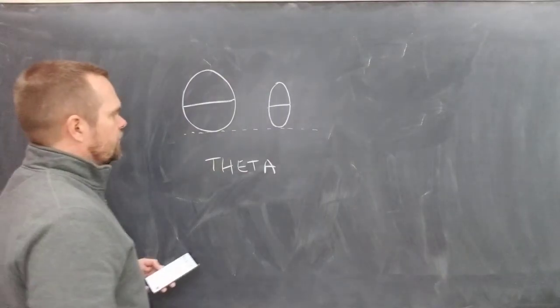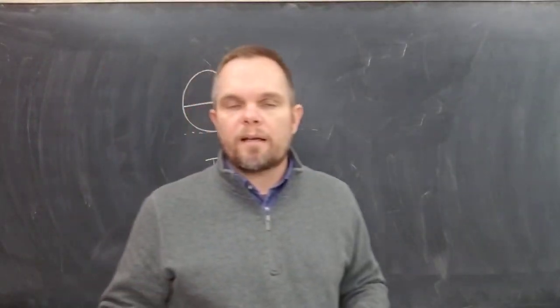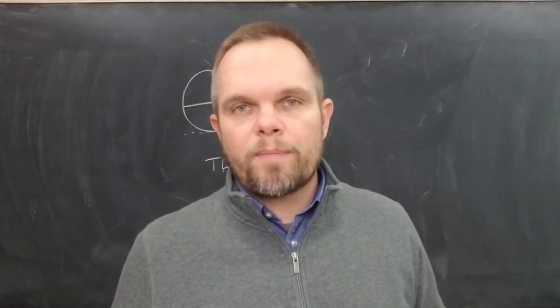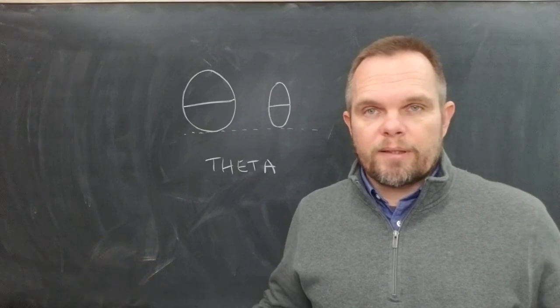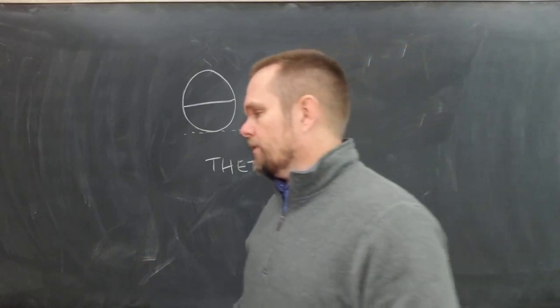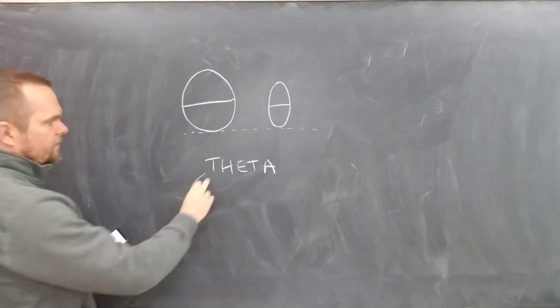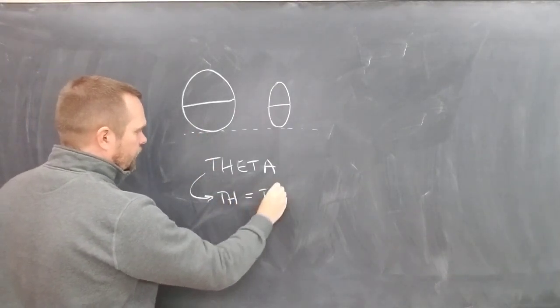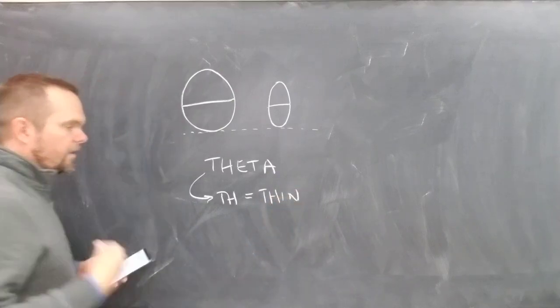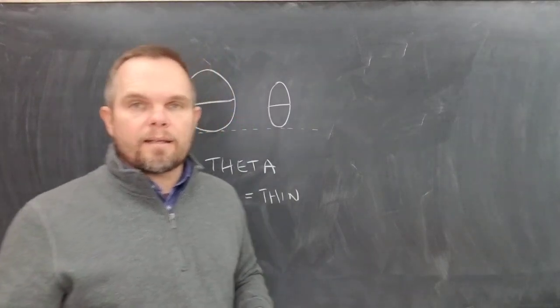Now, the sound of the letter theta, and you can hear how I'm pronouncing it, theta, that's really not the true classical sound of this letter. That's the common sound that's used in modern Greek courses. We could pronounce this letter with the TH in the word thin. Theta, like thin, okay?